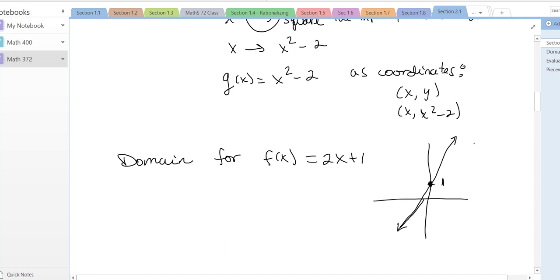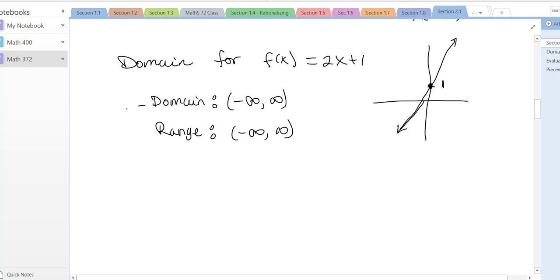And notice that the arrows keep going forever, so there are no missing values here. So the domain is all real numbers. So how do we say all real numbers? We say minus infinity to infinity. The range is also going to be all real numbers, right? The range is the y values for which the function is defined. So the range is also all real numbers.